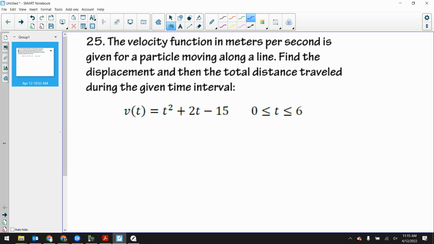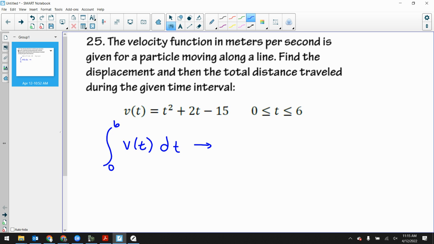So remember that to find the change in position, I want to find the integral, right? I want to find the integral from 0 to 6 of v of t dt.